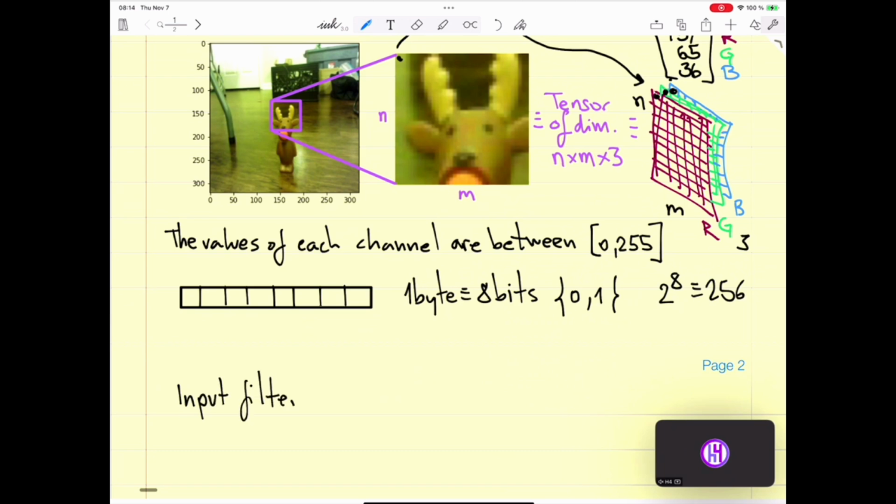We get an input filter or kernel. Kernels can have many shapes and sizes.